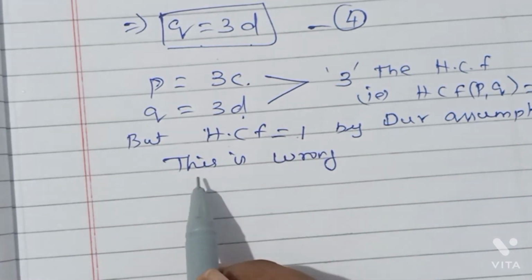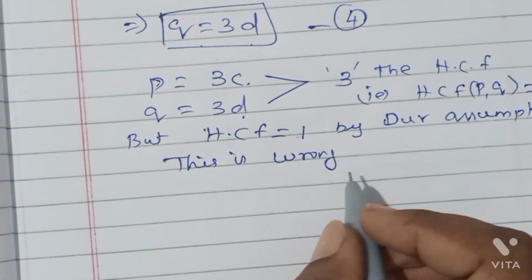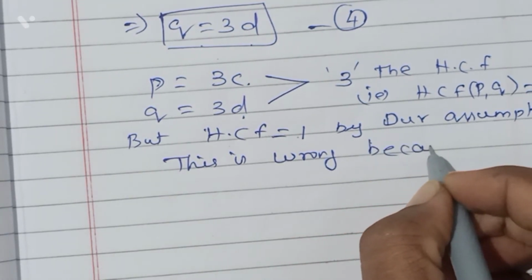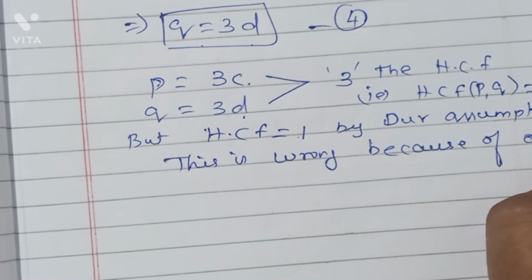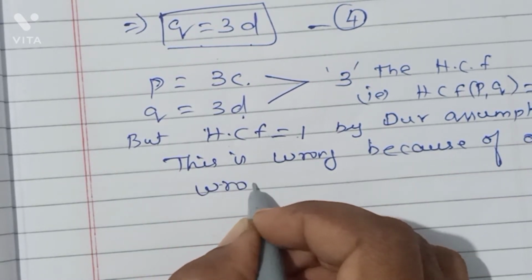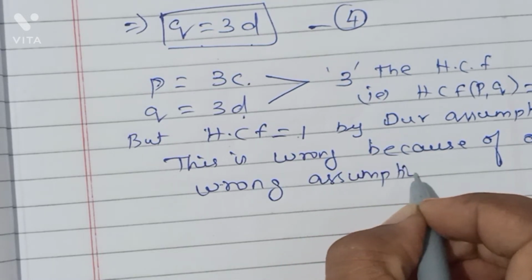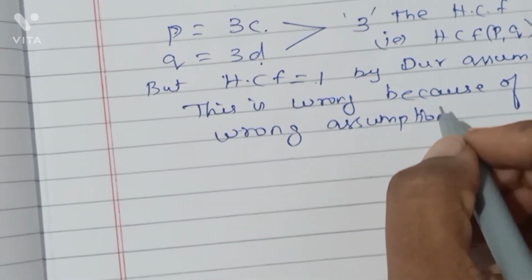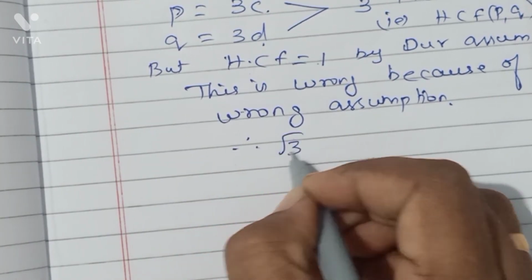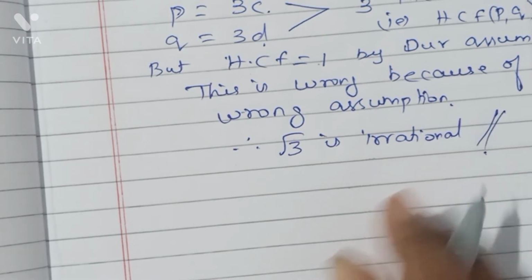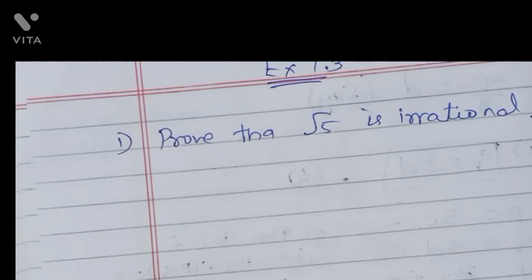So this is wrong because of our wrong assumption. Therefore, root 3 is irrational. So we conclude that root 3 is irrational.